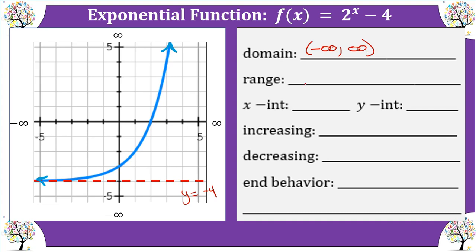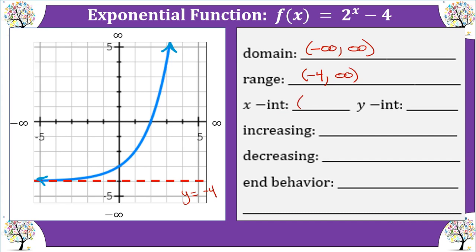The range, the least value, again, we're just looking at the y. It goes toward -4, but remember this asymptote is just a line that our graph approaches and never touches. So the range is -4, but -4 is not included because it never touches the asymptote. And then it continues increasing forever.